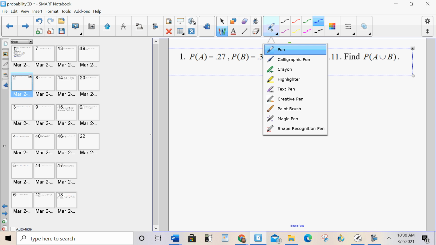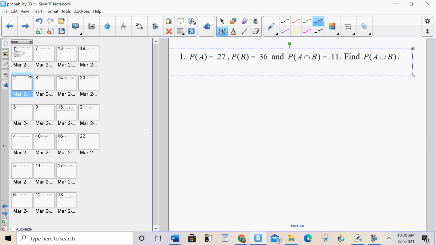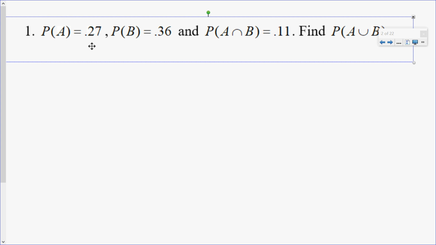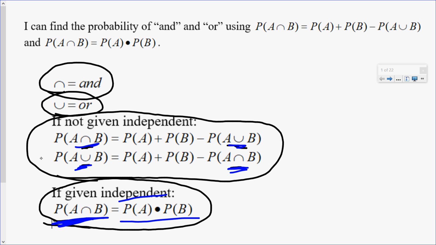P of A equals 0.27, P of B equals 0.36, P of A and B equals 0.11. It wants the probability of A or B. Well, it doesn't say anything about independence, so I'm going to use my or formula.